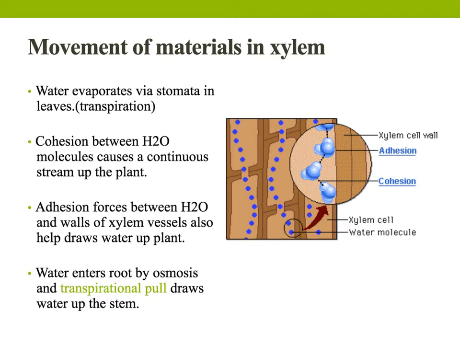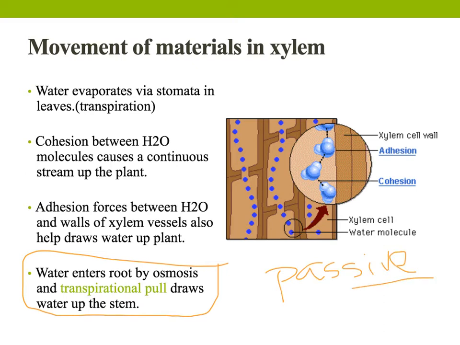So between cohesion and adhesion, you've got water getting pulled up via its stickiness to itself and to the sides of the xylem vessels. So water enters the root by osmosis, and transpirational pull draws water up the stem. So this is a passive transport. No energy is required by the plant for water and the dissolved nutrients to travel up.